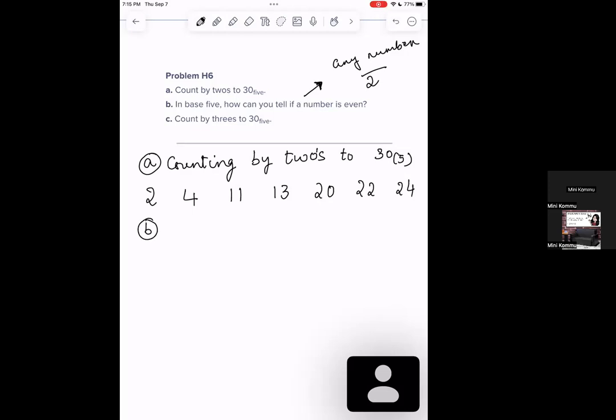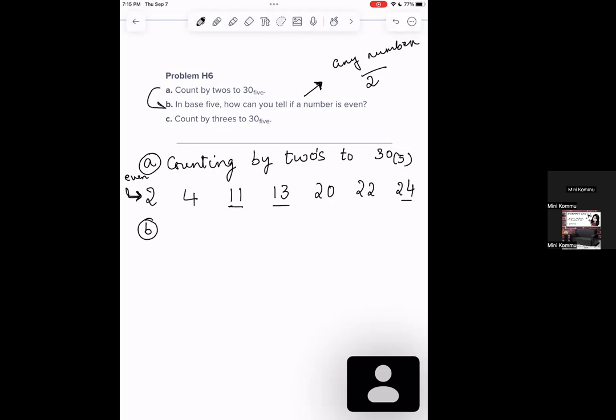When you add the digits, if the sum is divisible by 2, then you'll call it an even number. How do I know this? Over here, we counted by 2s, yet we have odd digits among the numbers. However, when you notice it, every number, if you add its digits, you're getting an even number. And that is how you'll determine an even number in base 5.